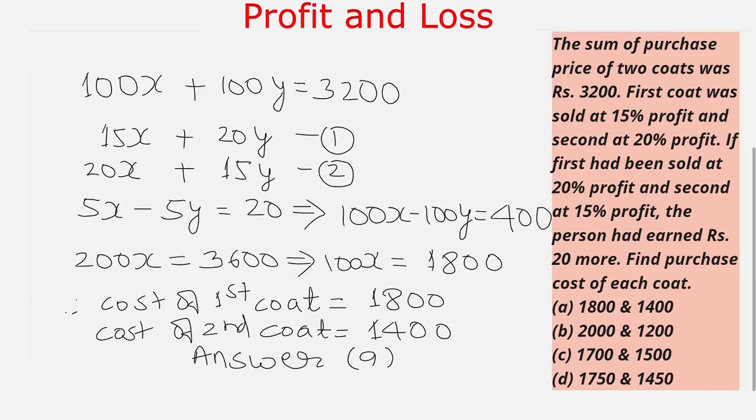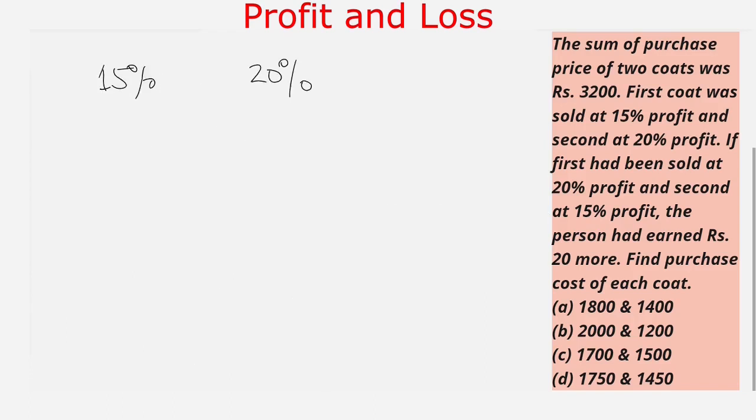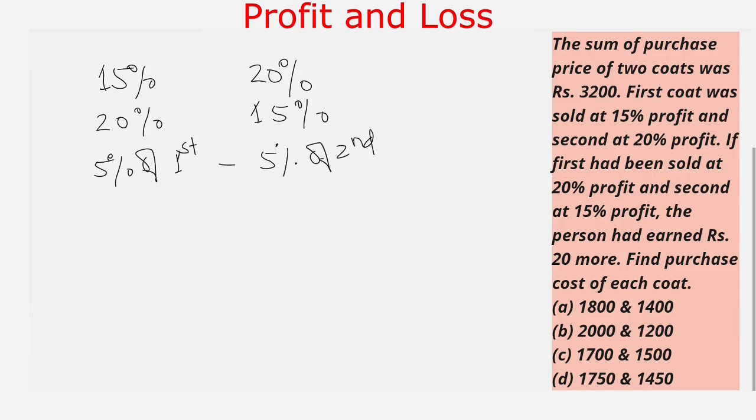Now we solve this question by shortcut method. In first case, the profit is 15% on first coat and 20% on second coat. And in second case, the profit on first coat is 20% and on second coat it is 15%. If we subtract first from the second, then we get 5% of first minus 5% of second equal to rupees 20.